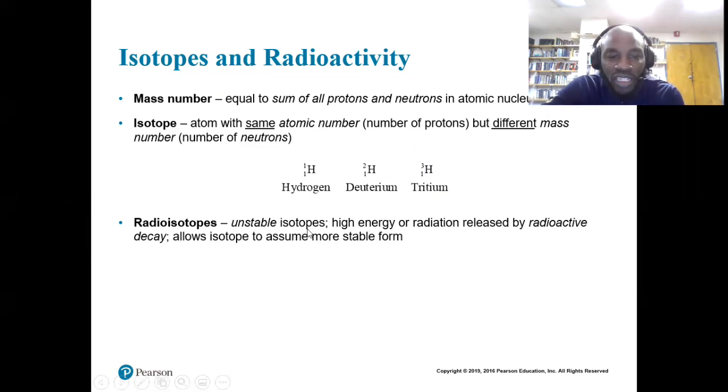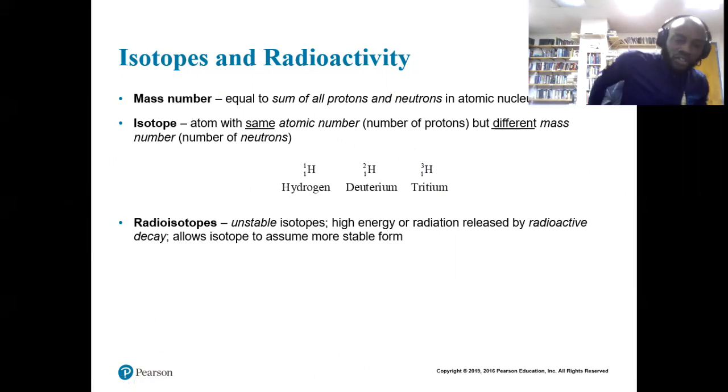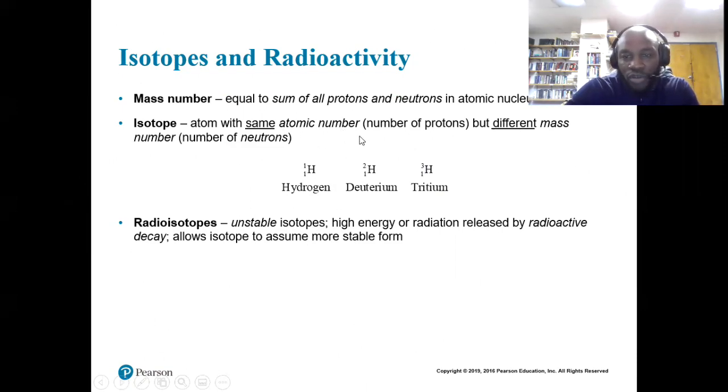Radioisotopes are unstable isotopes. They have high energy or radiation released by radioactive decay, which allows isotopes to assume a more stable form. So isotopes have the same atomic number but different mass numbers, so a different number of neutrons. If they're a radioisotope, they release that neutron.